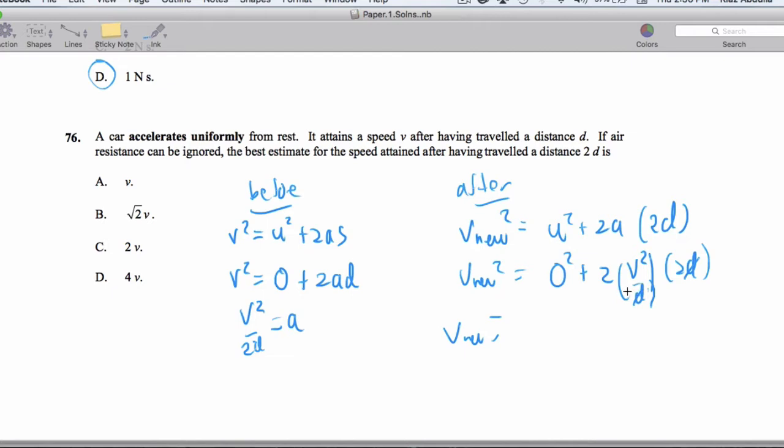Sorry, for the a I need to put v squared over 2d. So we have an extra 2 canceling here, and we get some cancellation. So v new, in fact, is radical 2 times v, which is choice B.